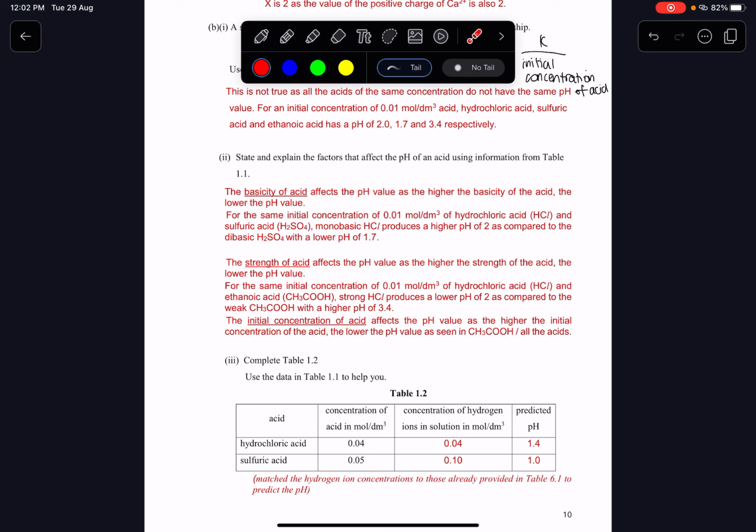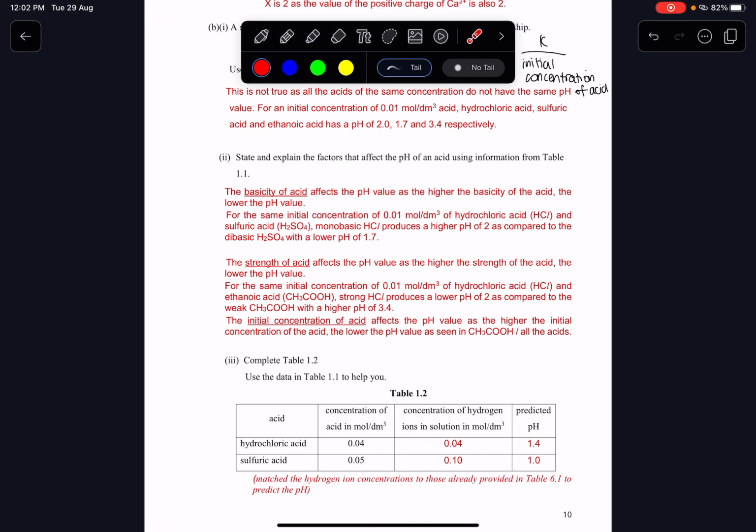Concentration of acid will affect the pH, as the higher the initial concentration, the lower the pH. This applies to all acids. So how do we explain basicity? The higher the basicity, the lower the pH. You can compare hydrochloric acid and sulfuric acid. For both, same initial concentration of 0.01 mol per dm³, hydrochloric acid will give off 1 mole less H+ ions than sulfuric acid.